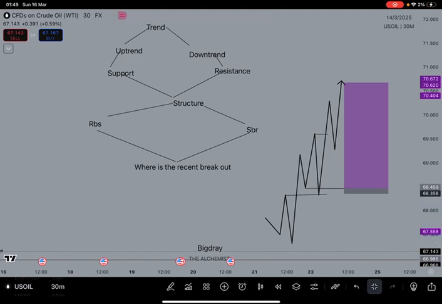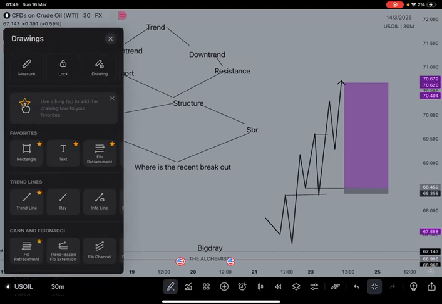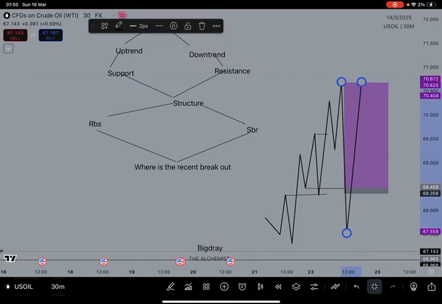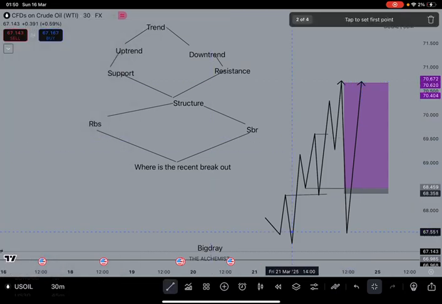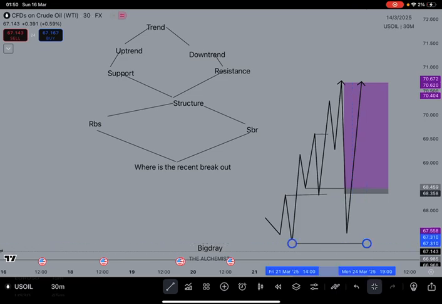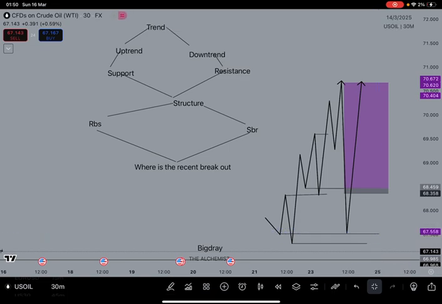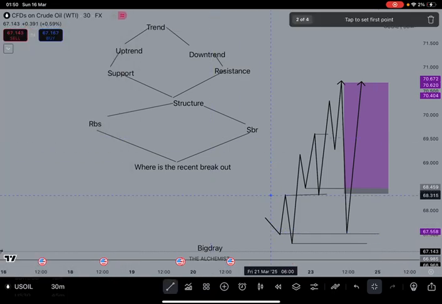So after all that, you can now start focusing on what? I'm taking this one right here. Why? Because here is your support. Here is also a support. And this is your pullback.